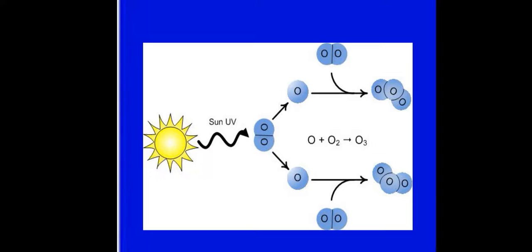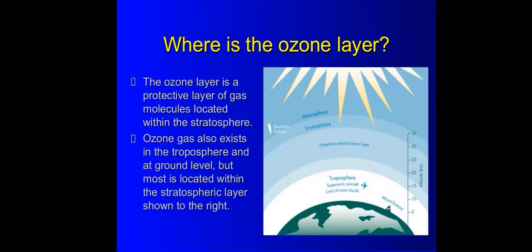Next is, where is the ozone layer? The ozone layer is a protective layer of gas, a molecule located in the stratosphere.